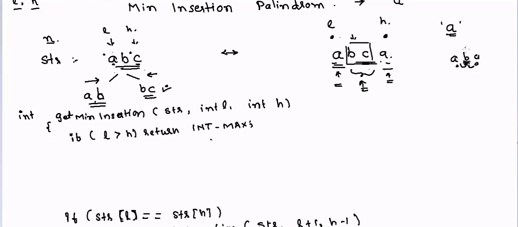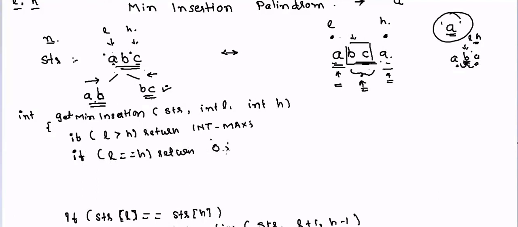And in this case L and H are pointing to the same one, B. In this case there is only one character, so we just need to return 0, because there is no insertion required to make one character a palindrome. So that's why we'll write another base condition something like this: if L equal to H, return 0.